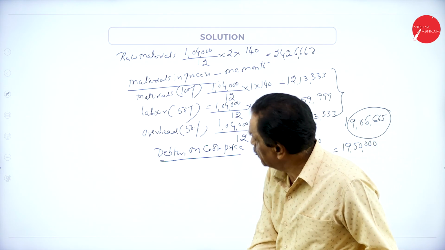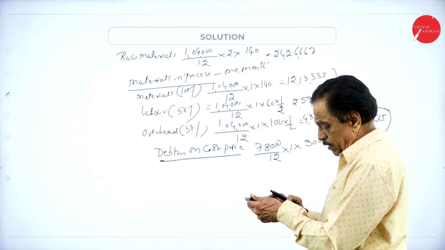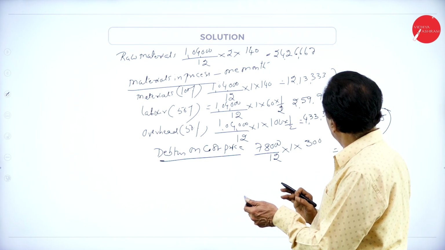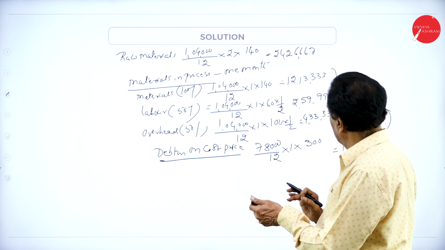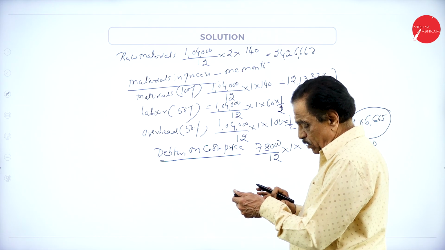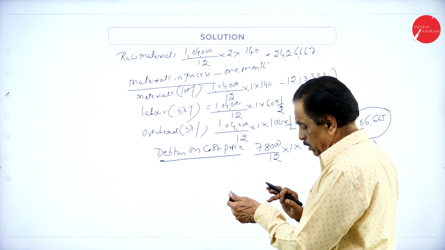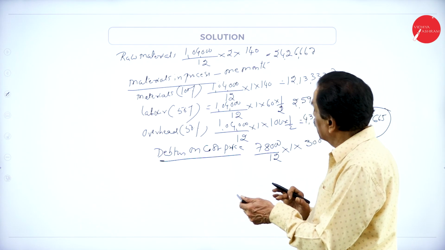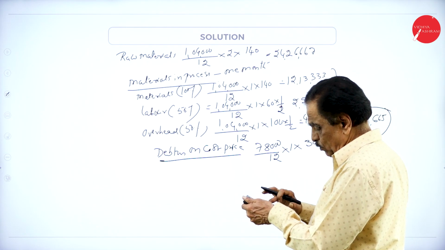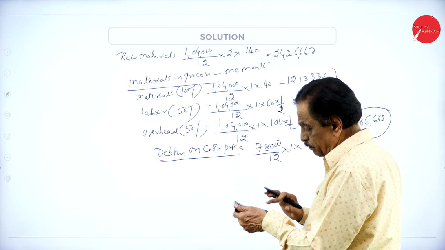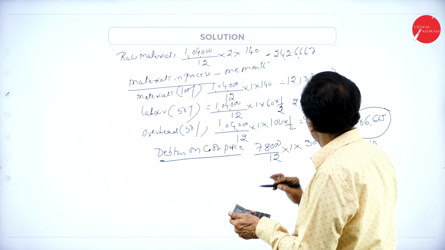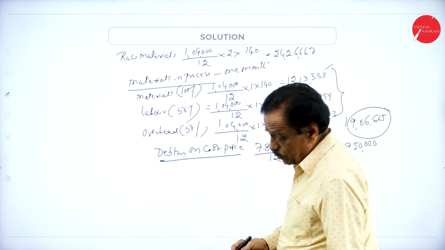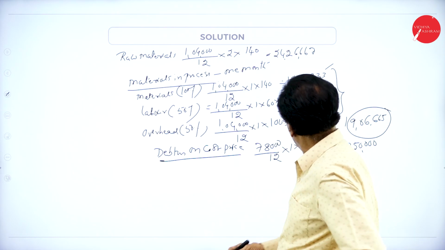Check once again. 12 lakh 13,333. This is 104 followed by 30 divided by 12 into 140. 12 lakh 13,333. So 50% it will come, 19 lakh 50,000.